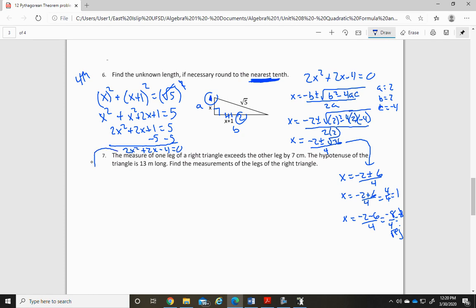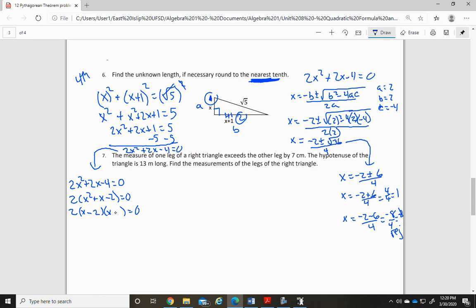And I actually want to talk about factoring this then because you guys need some practice. So 2x squared plus 2x minus 4 equals 0. There is a GCF, so let's take that out. And it's a trinomial that can factor into the product of two binomials.